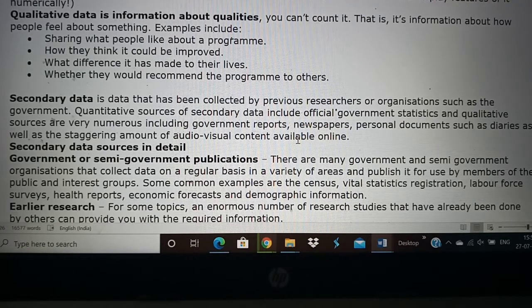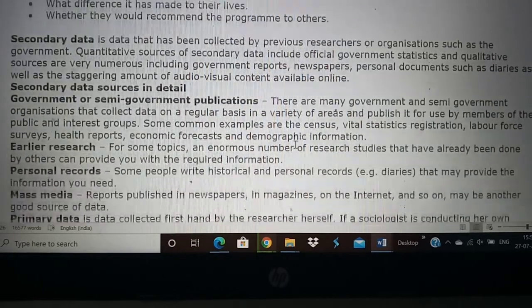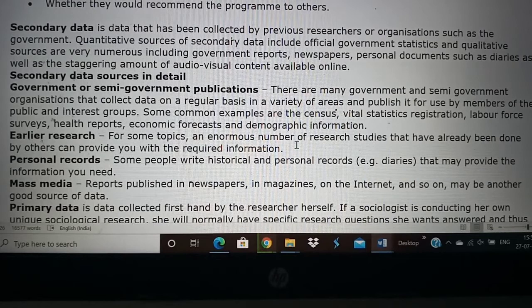The next way of classifying data is primary and secondary data. We'll see the secondary data first. Secondary data means data that a researcher does not collect, but it is already available from where the researcher can take out the data. It has been collected by previous researchers or the government.